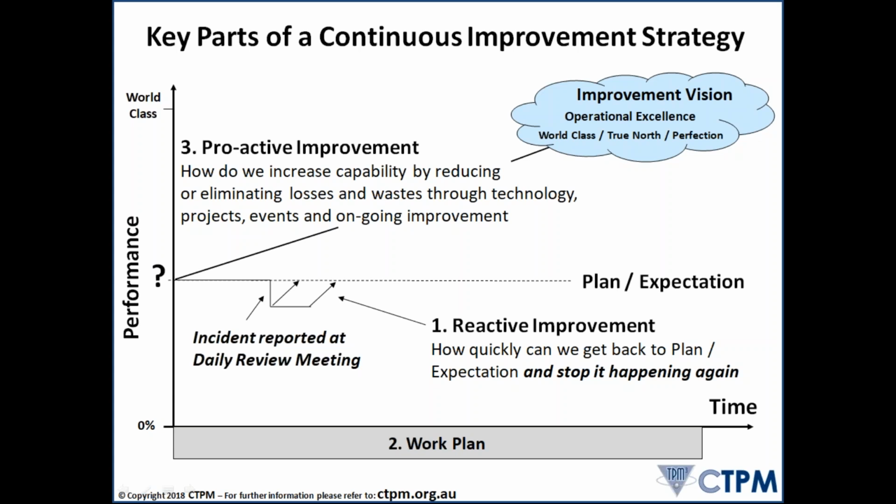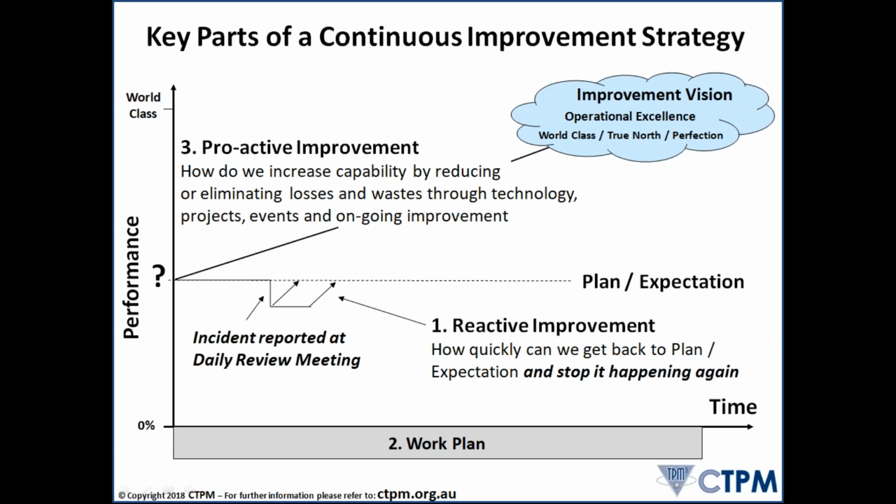We then have our work plan, which is how effective we are at planning our day or our week and actually sticking to that plan, which can be really hard in service organizations where we're driven by customers literally ringing us up and changing our priorities. The third area is proactive improvement.